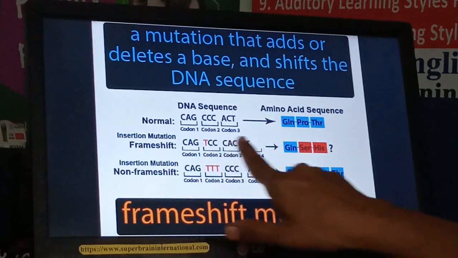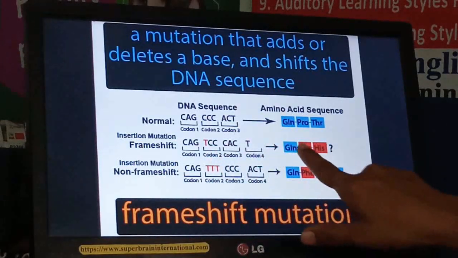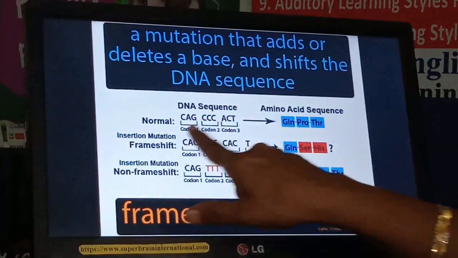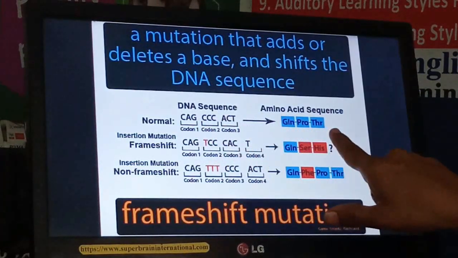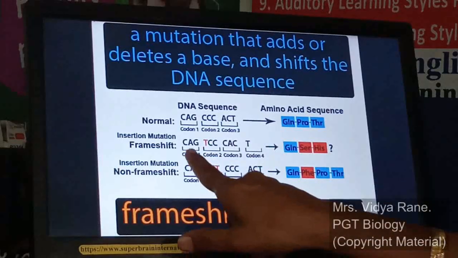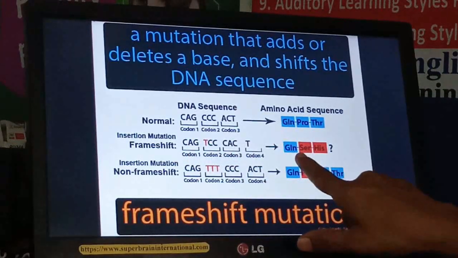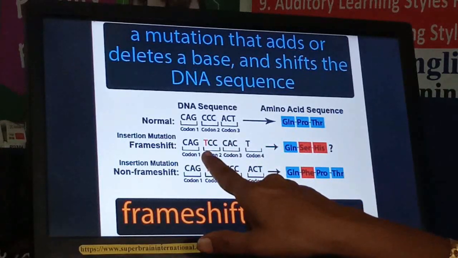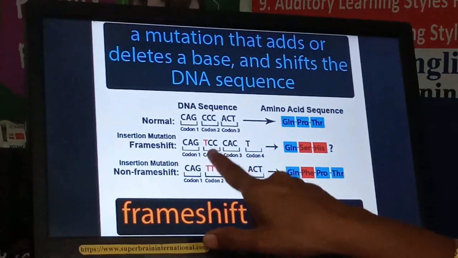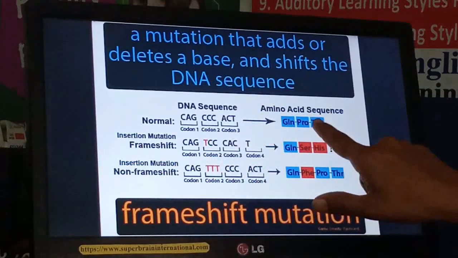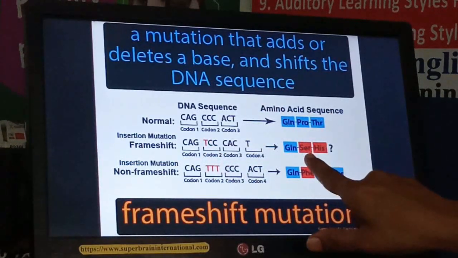Because of this shifting of one base, the amino acids formed will be changed. Earlier these 3 codons were forming these 3 amino acids. Here the first codon is the same, so the first amino acid is as it is. Here T is added, so due to addition of a base, mutation takes place, and instead of proline, the serine amino acid is formed.